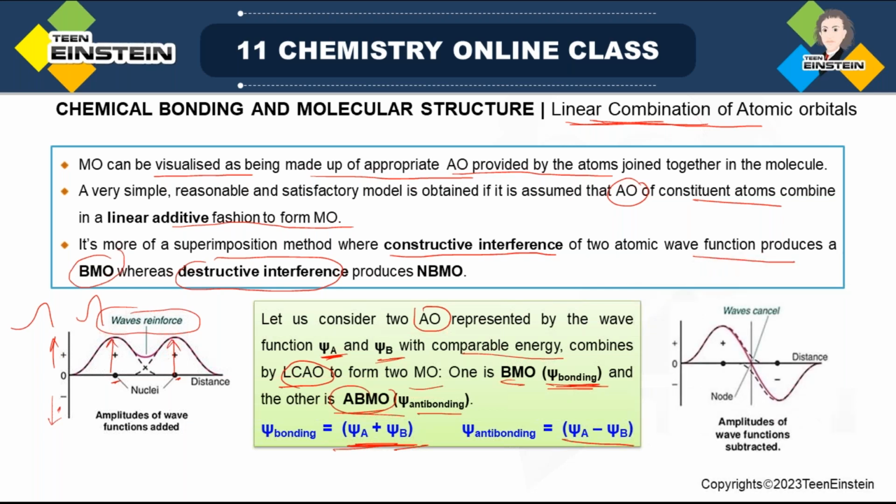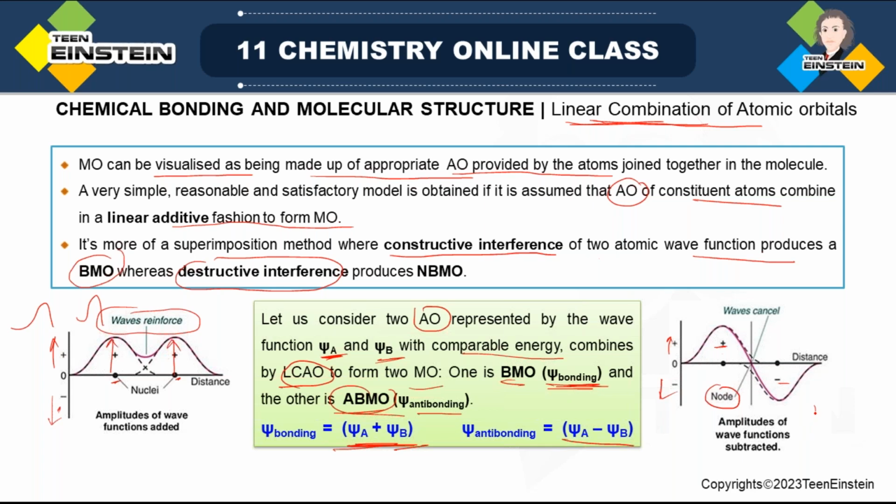But in the other possibility, now see, one is having a plus phase sign, another is having the opposite phase sign. So that is why one wave function is towards the positive side, another is towards negative. Now in the previous case, there is no node. But when this type of situation is arising, there will be formation of a node where no electron density can be present. That is the definition of node we have seen in the structure of atom unit.